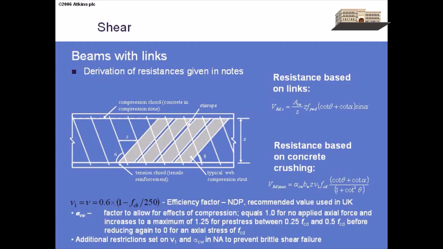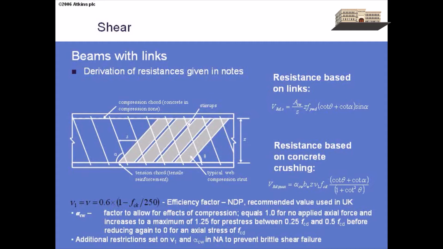So the first part, if we ignore the cot thetas and cot alphas, is just the same as the link contribution from BS500. But we do have these other terms, cot theta plus cot alpha. Alpha is the angle of the stirrups. So as I say, if you keep them vertical like we should do, then the alpha just becomes 90 degrees, and the effect of cot alpha disappears from the equation.